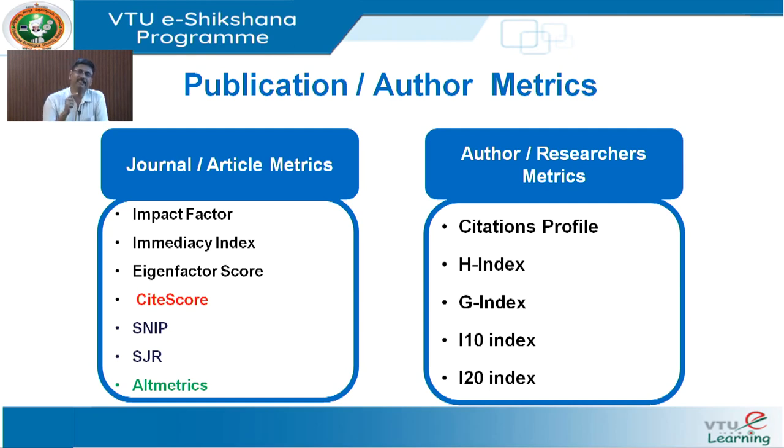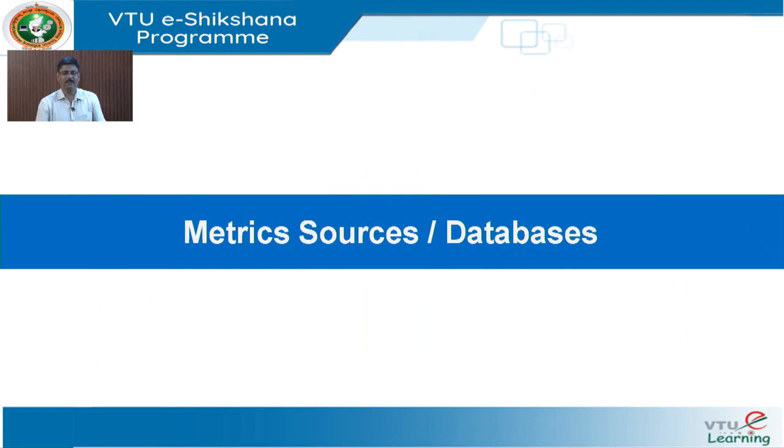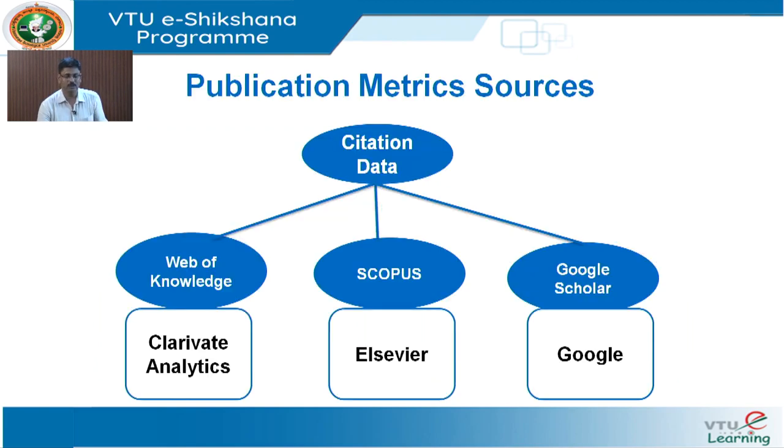So, what we will do, we will try to understand each one of these metrics, and analyze in what context they are used and what are the drawbacks and limitations of each one. Before that, we will see the sources, from where these citations are captured. As we know, there are three different citation databases. One is Web of Knowledge, another is Scopus.